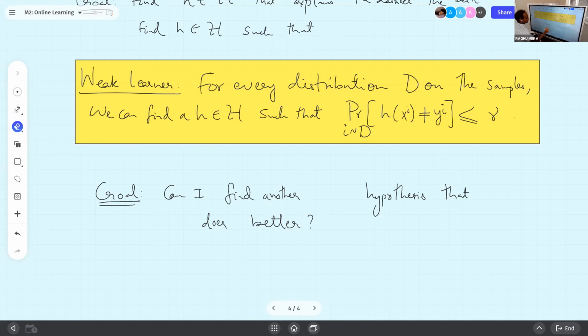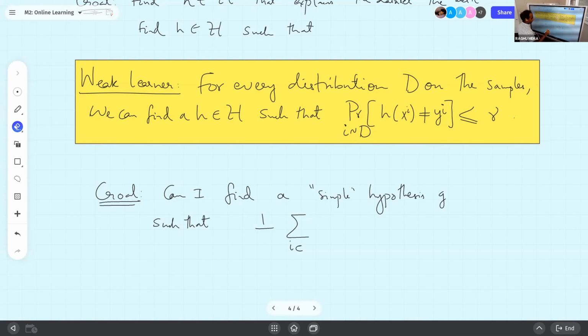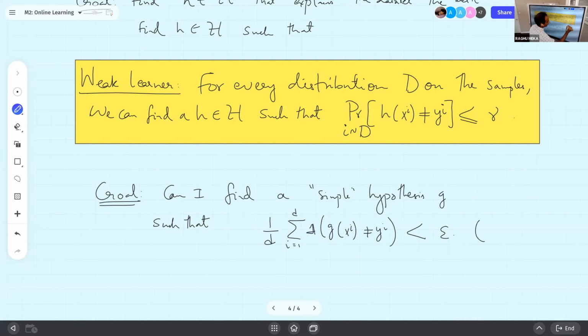And our goal now is, can I find a simple hypothesis G, a strong learner, such that the fraction of examples, oops, this should be D, okay?